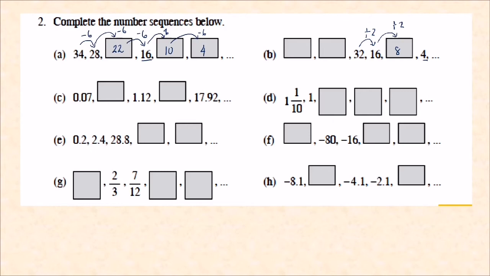So if we go to the back, it is divided by 2. Going to the front, the opposite of divide is multiply. So multiplied by 2 is 64. 64 multiplied by 2 is 128. Okay, C.